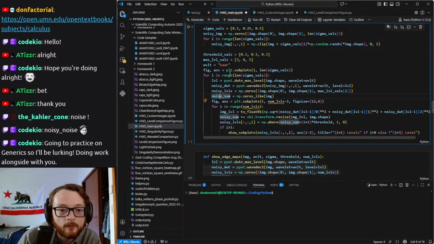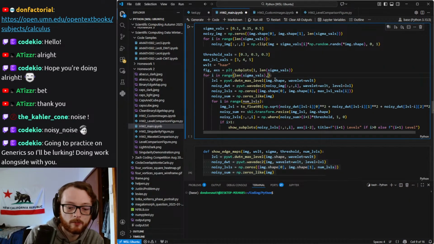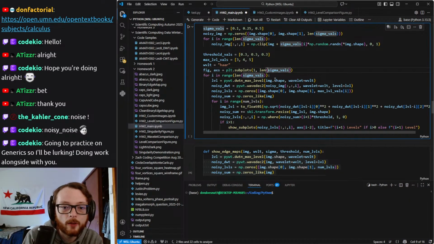Oh wait, no, I'm doing my plotting out here. We don't need you. Might make the fig size 12 by 4 though. That's not where I do that. Fig size equals 12 by 4.